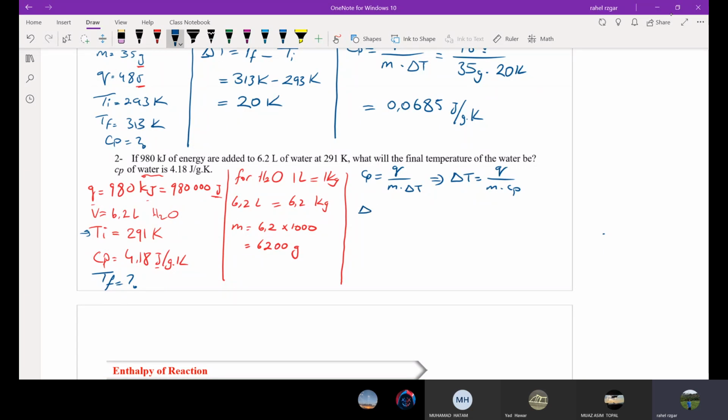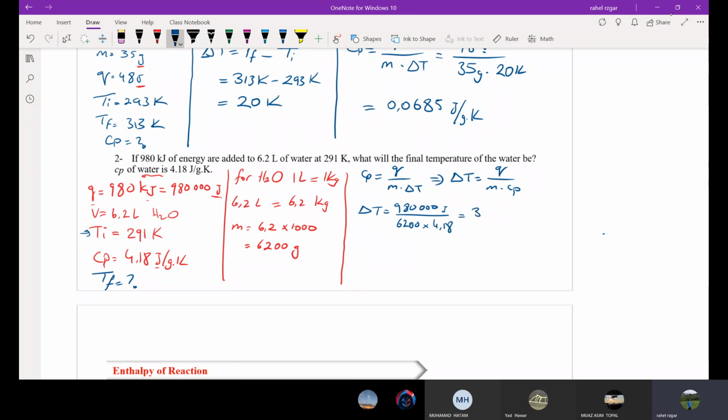So delta T is equal to 980,000 joules divided by mass, which is 6,200, times Cp, which is 4.18.